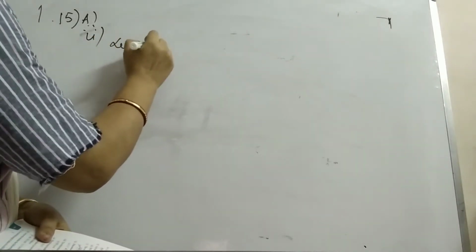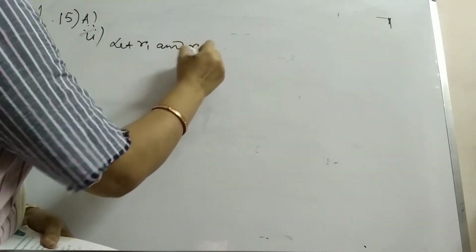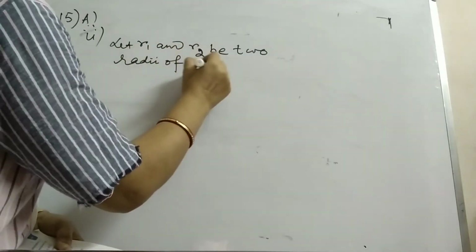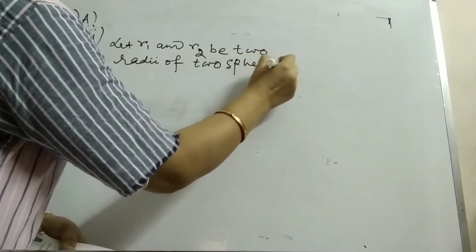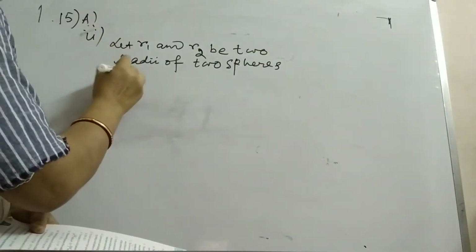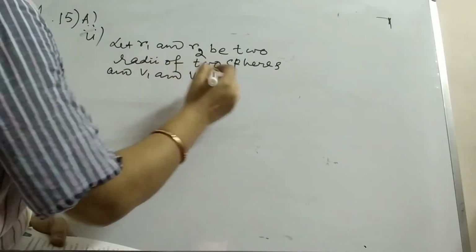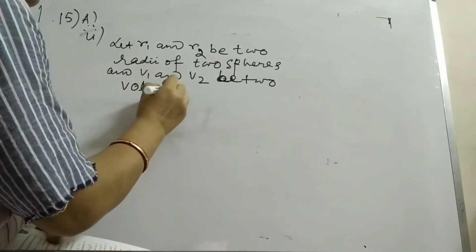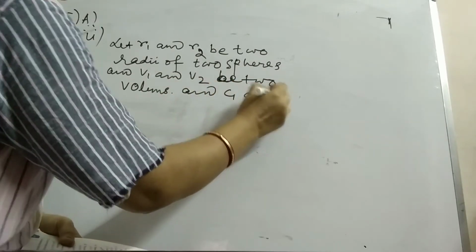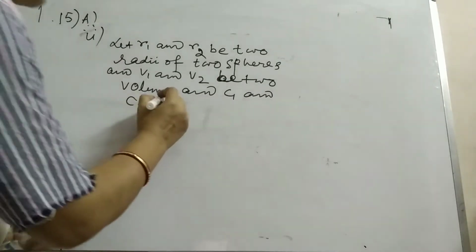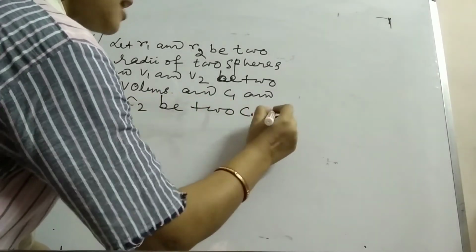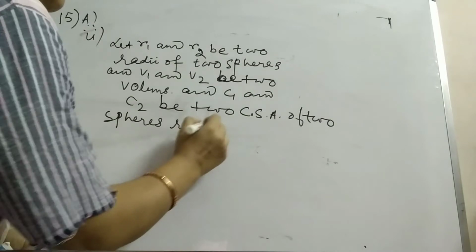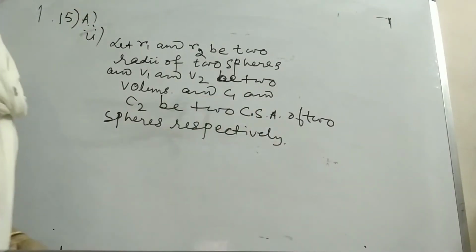Let R1 and R2 be the two radii of the two spheres, V1 and V2 be the two volumes, and C1 and C2 be the two curved surface areas of the two spheres respectively. Okay.